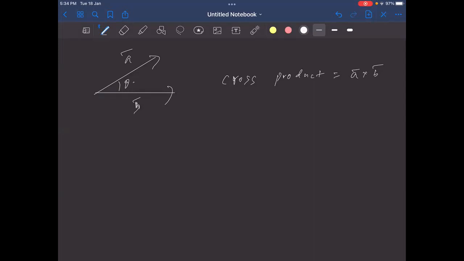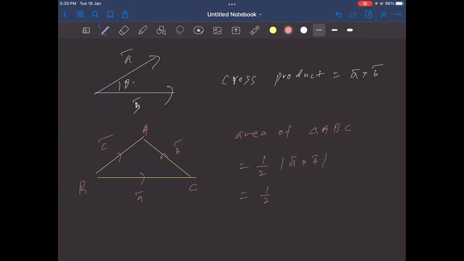क्रॉस प्रोडक्ट जो यूज करते हैं, क्या एप्लीकेशन होता है क्रॉस का? Why do we use cross, like to calculate the area of the triangle? Am I right? If I have a triangle, this is vector A, this is vector B, this is vector C. So area of triangle ABC can be called half mod A cross B or half mod B cross C or half mod C cross A. Am I right?